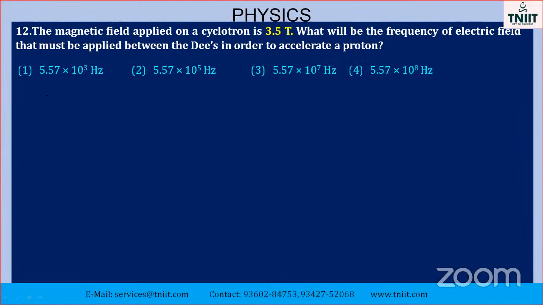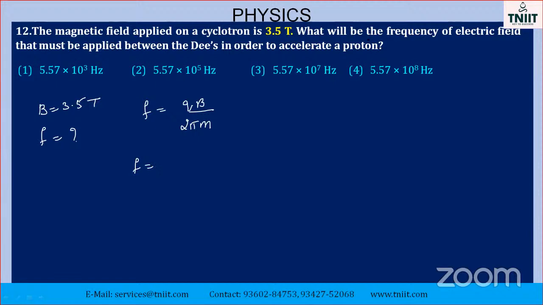The magnetic field applied to the cyclotron is given. B is 3.5 Tesla. What will be the frequency that should be applied across to accelerate the proton? What's the frequency formula? Frequency is given by the formula qB divided by 2 pi m.